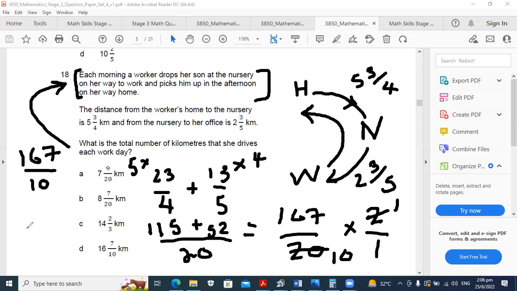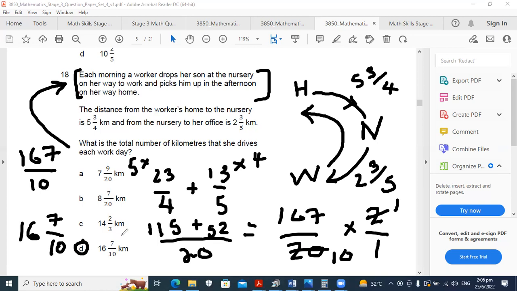That looks like 16 and 7/10. That's how you go. You can get 16 groups of 10 out of that. So that's the answer. Answer is D.